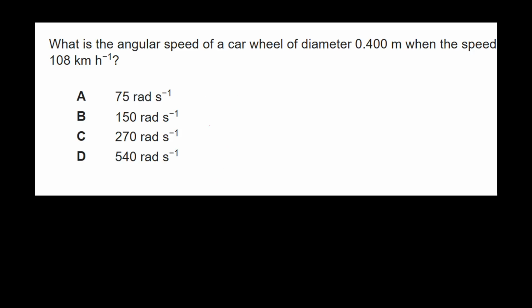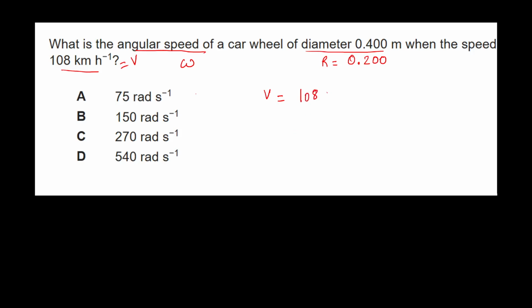Okay, a question on the same formula. What is the angular speed? So I need omega of a car wheel of a given diameter. From the diameter, I can calculate the radius, which is half. When the speed is this much, obviously I cannot use this as my speed, because the speed has to be in standard units.